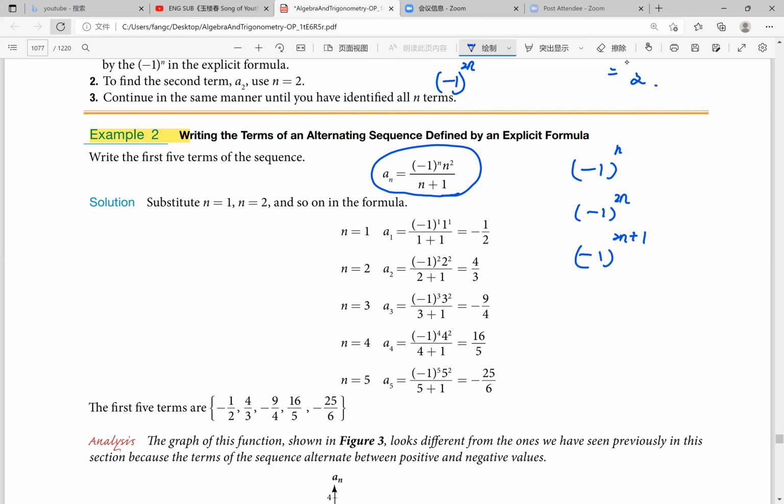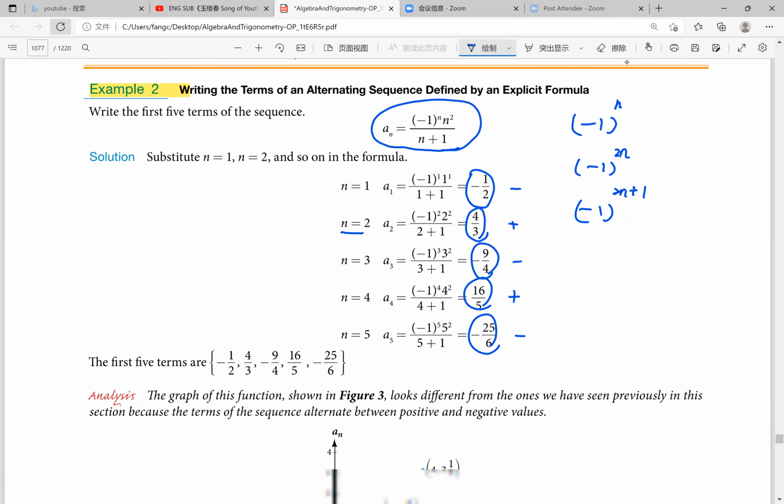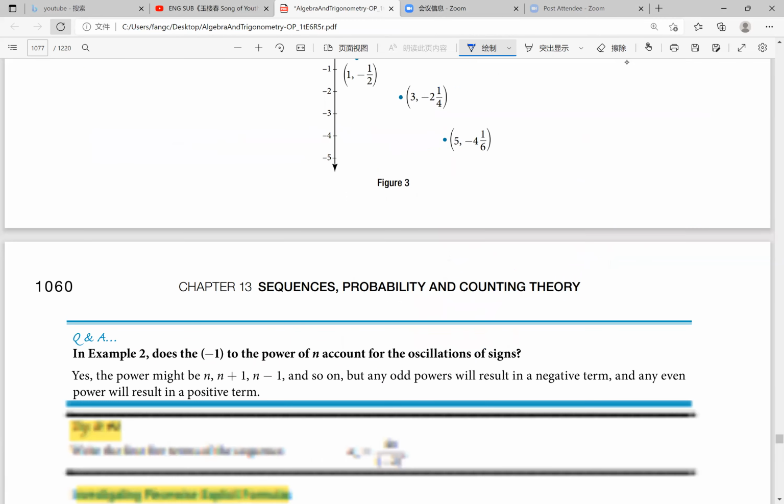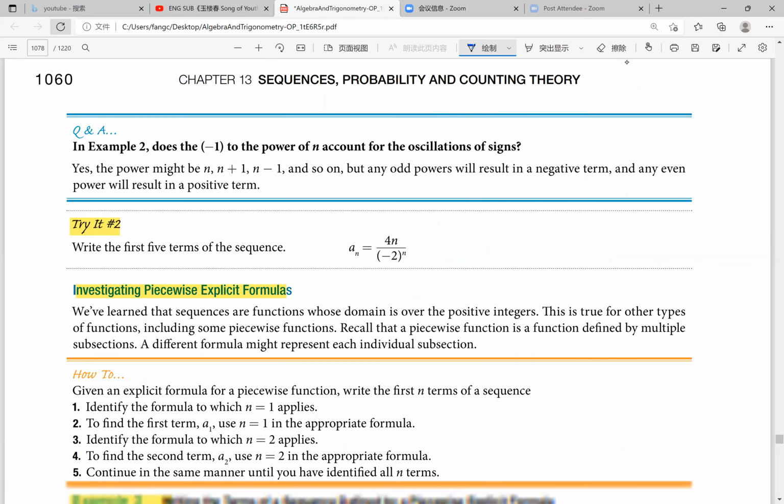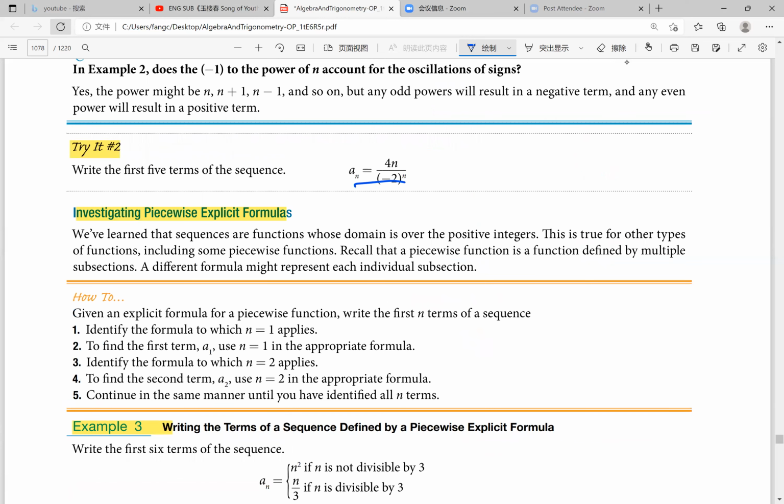Try n equals 1: -1 to the power of 1 times 1 squared, and the denominator is 1 plus 1, equals -1/2. And n equals 2, still plugging in, we get 4/3. So it's negative, positive, negative, positive, and negative. Okay, it's very easy to find the nth term of an alternating sequence. So this example we can skip.